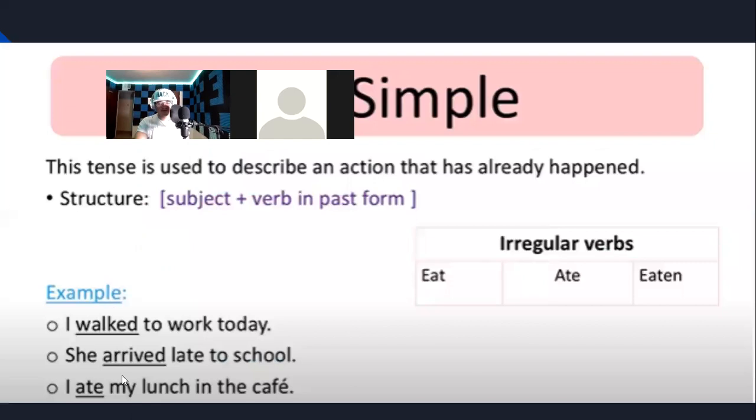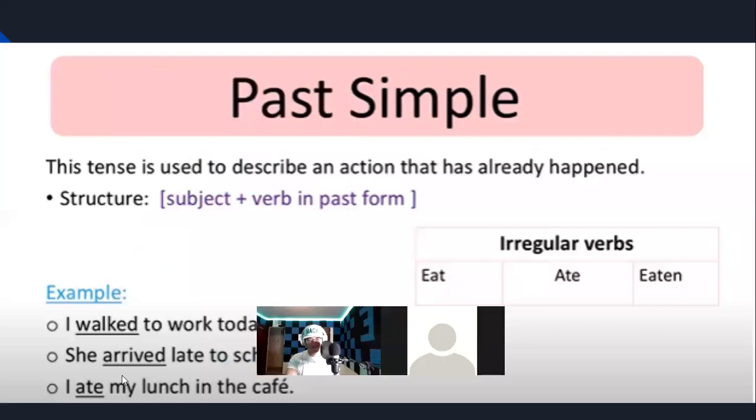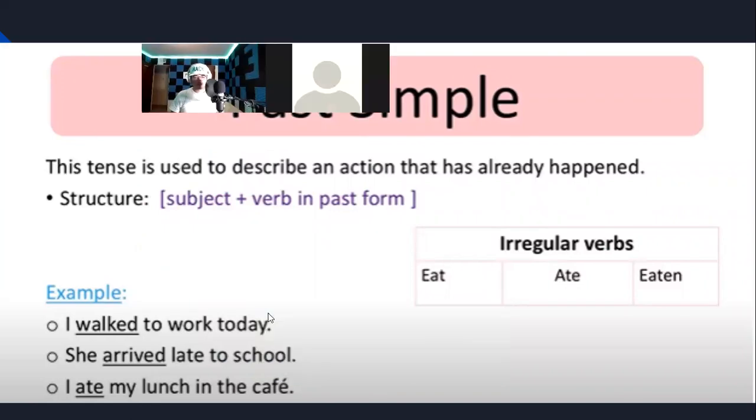And we're going to go over each one of them. The first one is past simple. This tense is used to describe an action that has already happened. The structure is the subject plus the verb in the past form. In this one, you have to remember that there are regular verbs and irregular verbs.